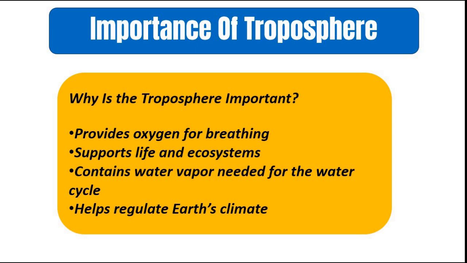So it supports life and ecosystems, whether on land or water, everywhere, by providing the various atmospheric conditions. It contains water vapor which is needed for the water cycle, that is the evaporation of water from the oceans, then cloud formation, and again rain, which continues the water cycle, and it helps in the regulation of Earth's climatic conditions, the day-to-day weather and the monthly climate. So that is the importance of troposphere.